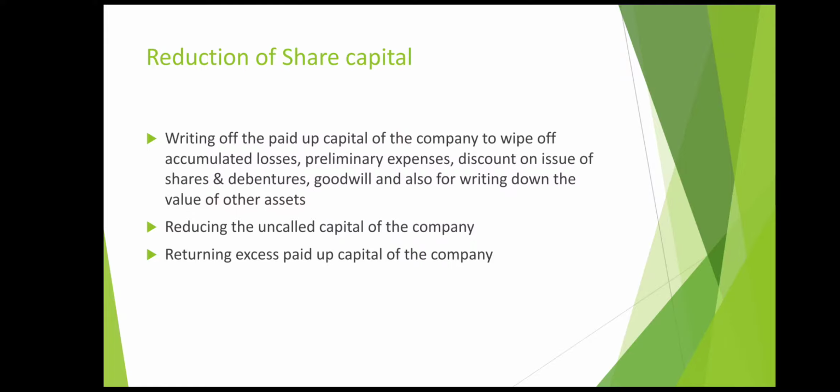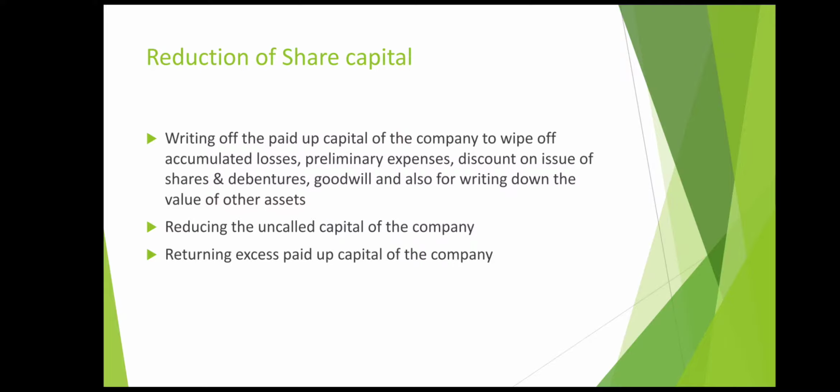First point is writing off the paid up capital of the company to wipe off accumulated losses, preliminary expenses, discount on issue of shares and debentures, goodwill, and also for writing down the value of other assets.